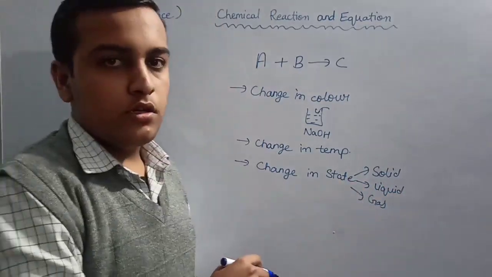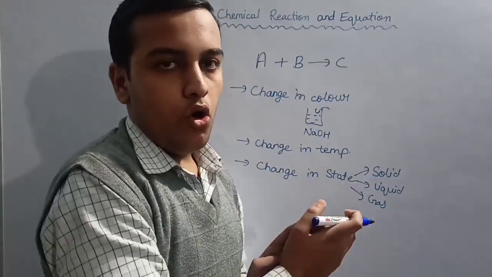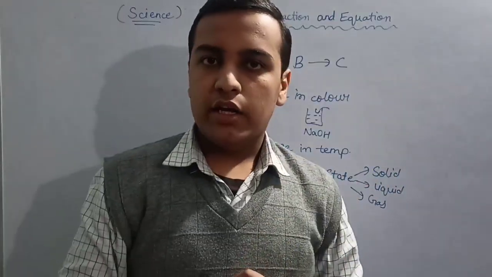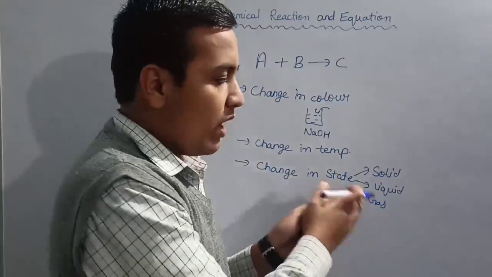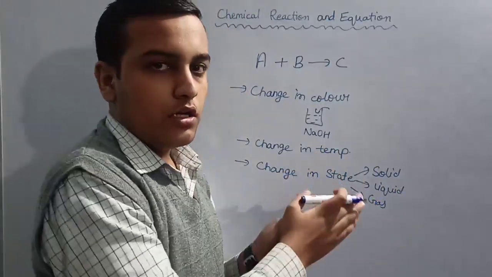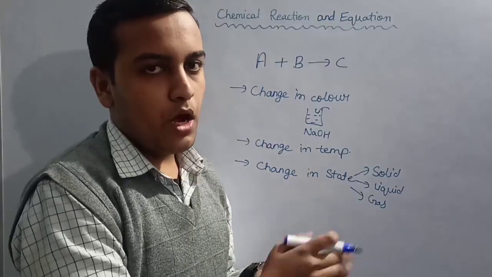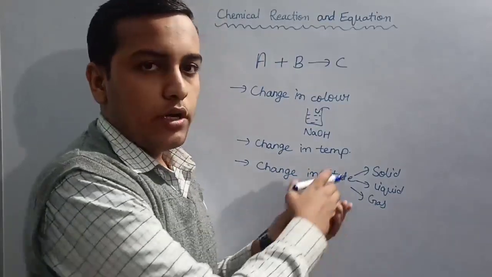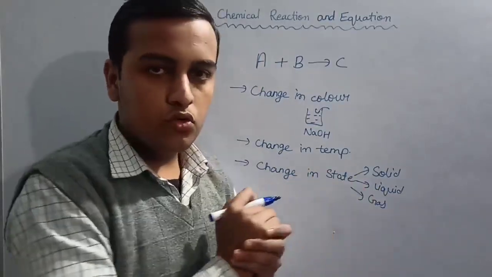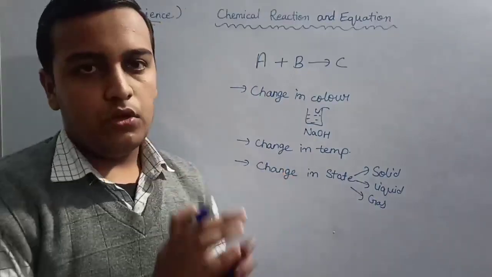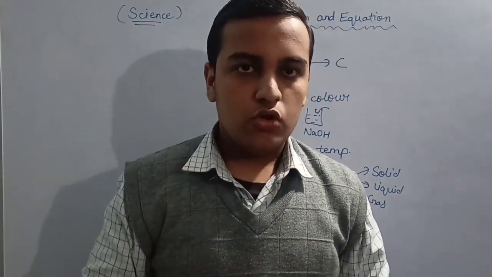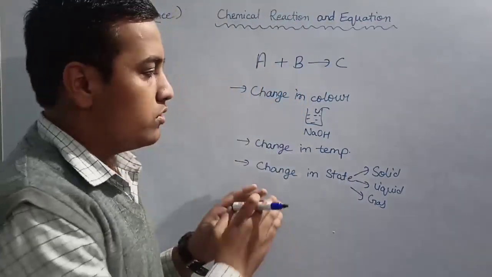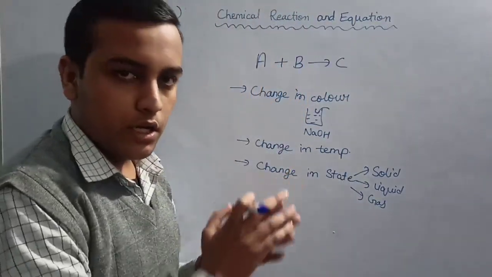If a substance turns from solid to liquid or liquid to gas, for example, if ice turns into water, water is liquid, and if I boil that water, it changes into vapors, and vapor is a gas. So in that case, solid turns into liquid and liquid turns into gas. So the chemical reaction is due to the change in state.